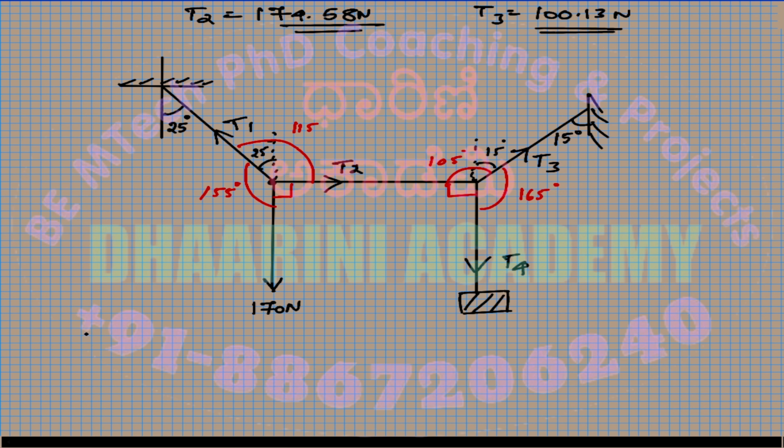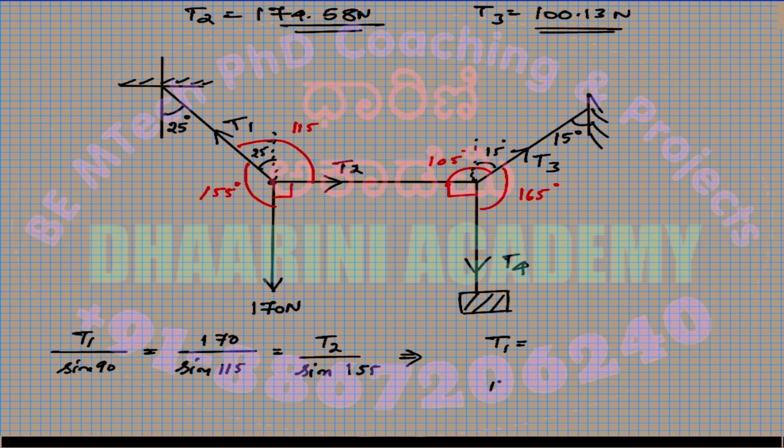So that is T1 divided by sine 90 is equal to 170 divided by sine of 115 is equal to T2 divided by sine of 155. So using this, I can calculate T1, T2.